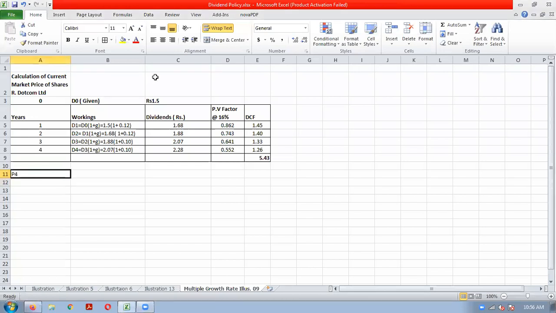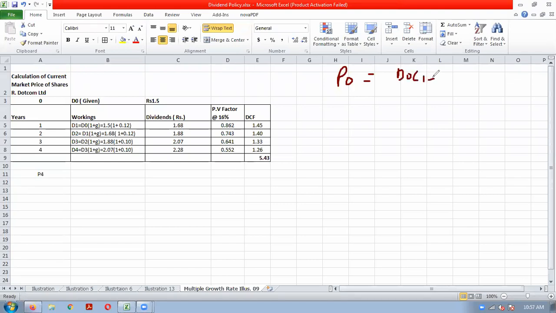How will we find P4? P4 we will calculate based on D4. See, P0 we calculate using D0, no?